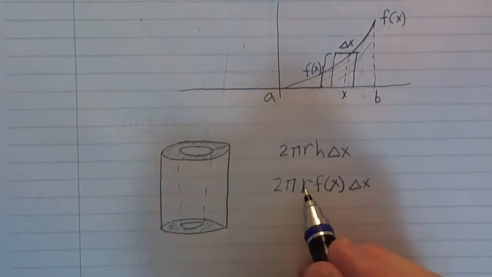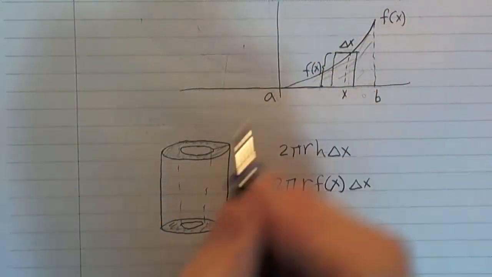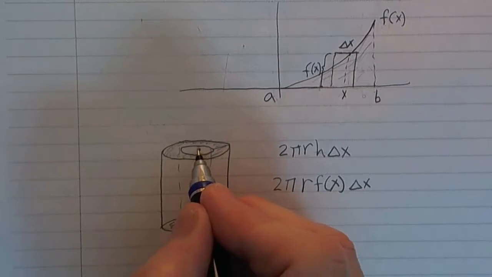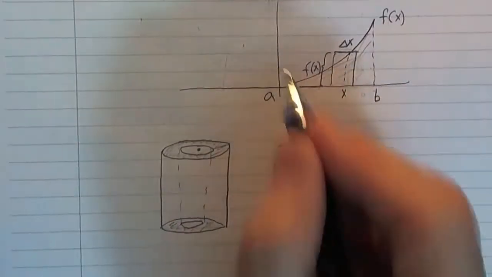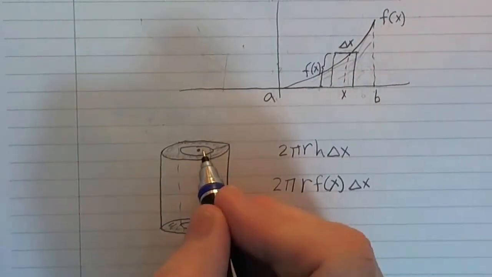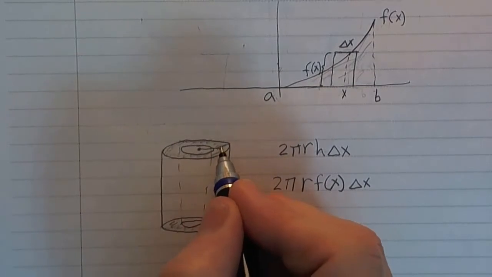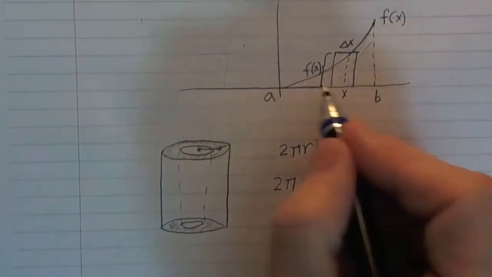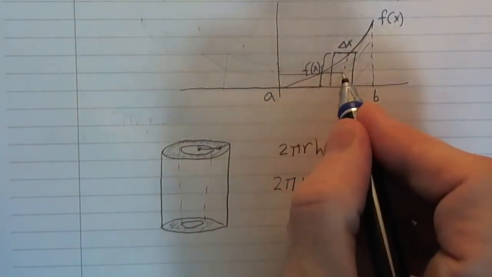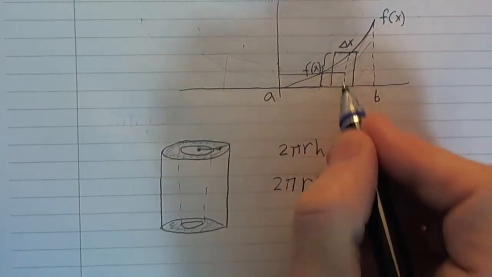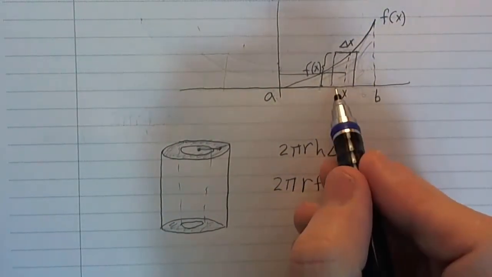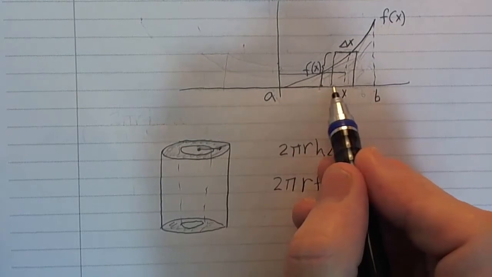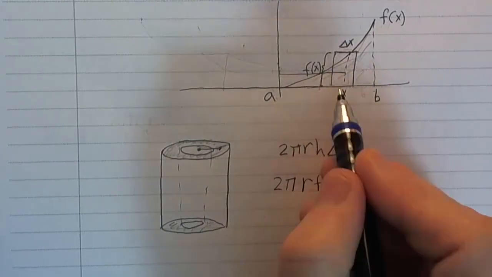Well, what is the radius? Think about the radius. Here is the y-axis, and think about the distance over here. Well, the distance would just be x. I put x in the middle because remember, we're going to let delta x go to 0.